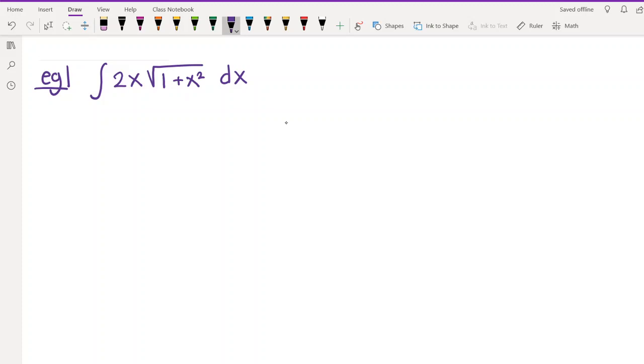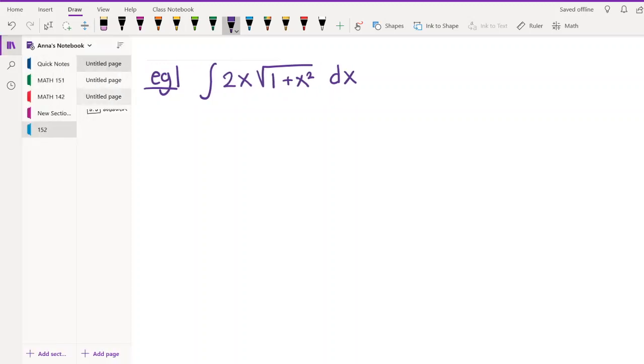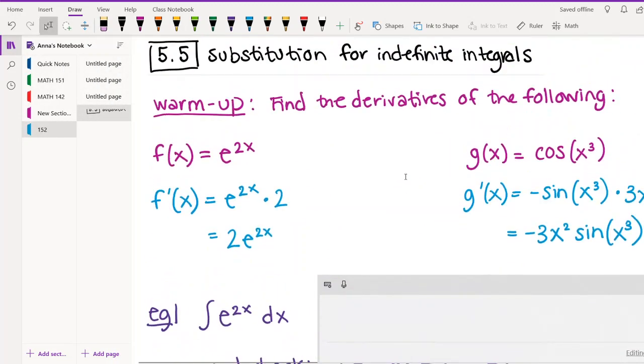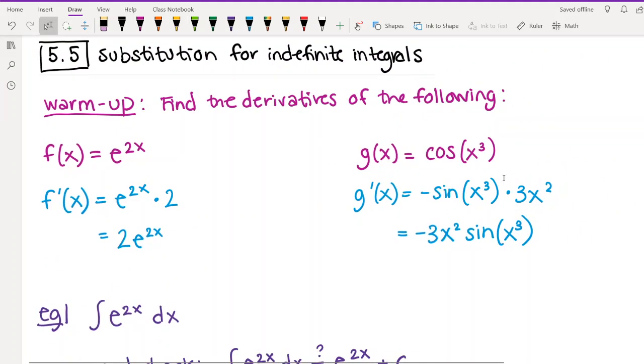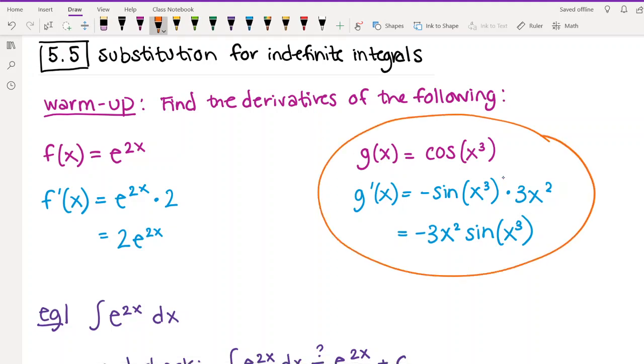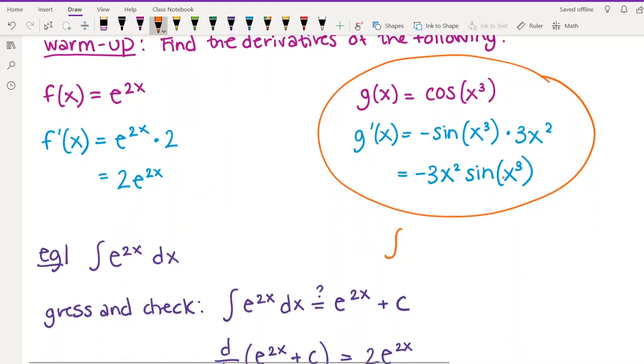So this example has something in common with the first derivative we did. I'm going to go back for a second. Notice that in this second part, let's say I had asked you to find the antiderivative of negative 3x squared times sine of x cubed. Because we just did it, we know the answer would be cosine of x cubed. But how could you recognize that there's some chain rule going on here?